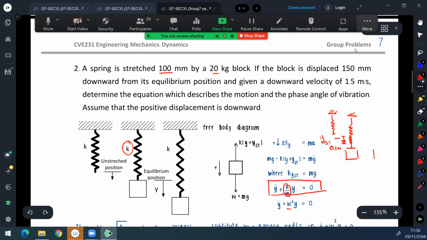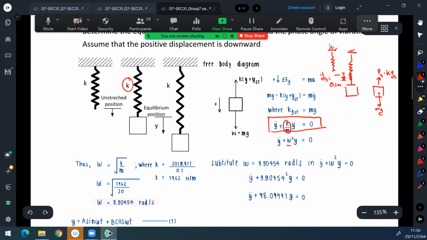And from the free body diagram at this point, this is the spring force at equilibrium position, balanced with the weight. So from this equation, we can determine the constant k by mg over ys. So then k is equal to mg over ys, that is this term.